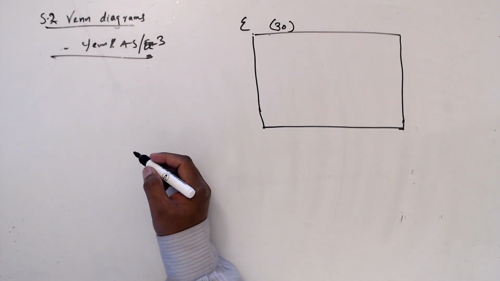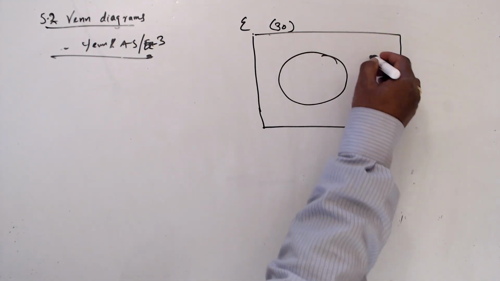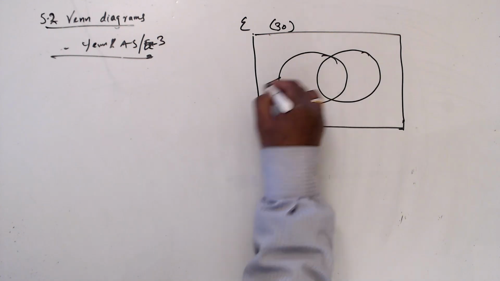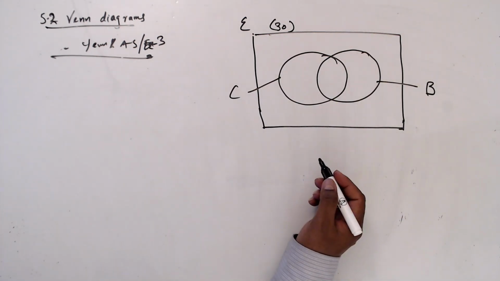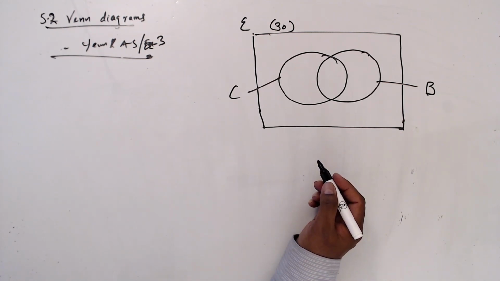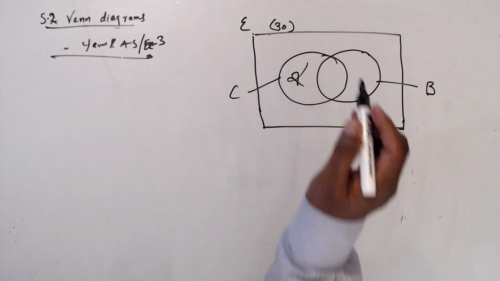Now there are two sets. One is choir, the other one is school band. Now 7 are in the choir. Then we should not mark 7 inside. That is wrong.